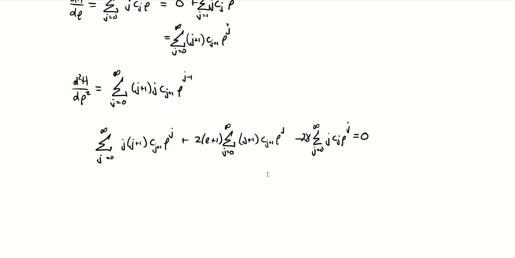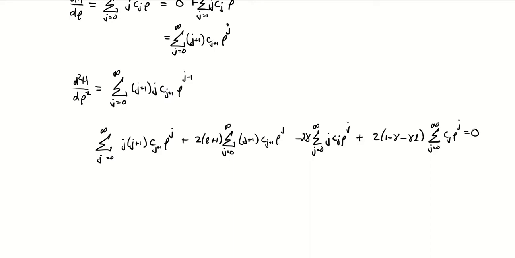I forgot a term in here, sorry about that. Plus 2 times 1 minus gamma L, sum over j equal to 0 to infinity of c_j rho to the j, equal to 0.